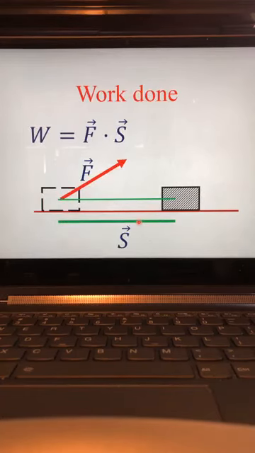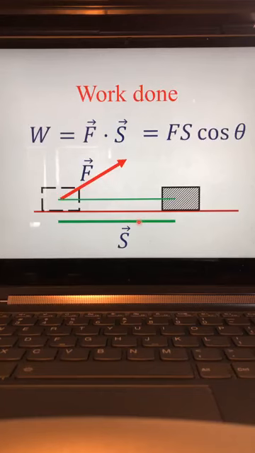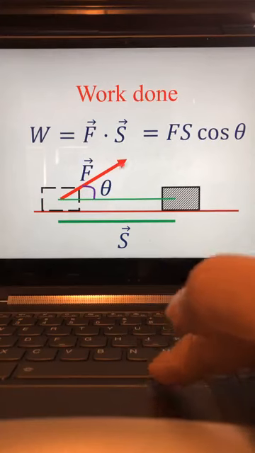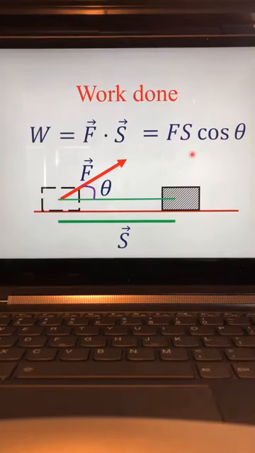So in this case, you can expand that dot product: magnitude of force times magnitude of displacement times cosine of theta. What is that theta? As I have shown here, theta is the angle between the direction of the force and the direction of the displacement.